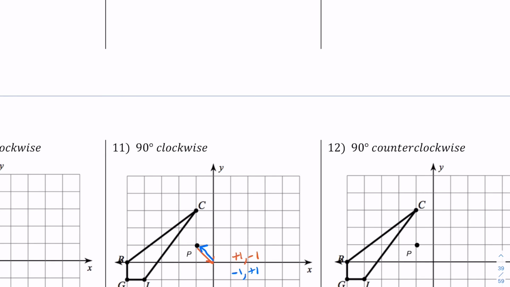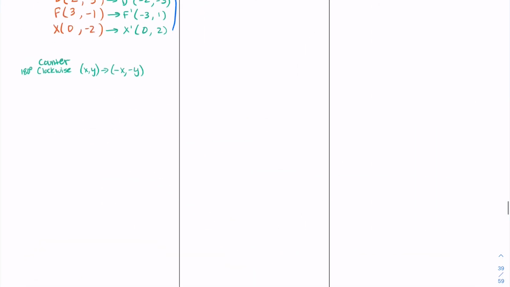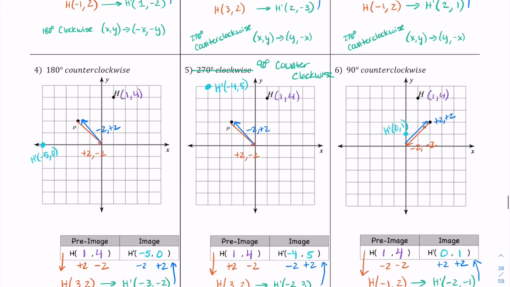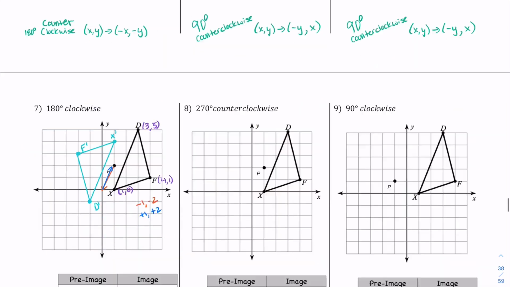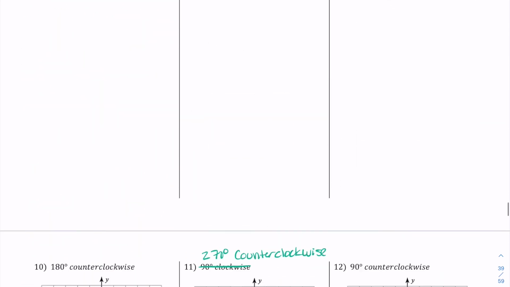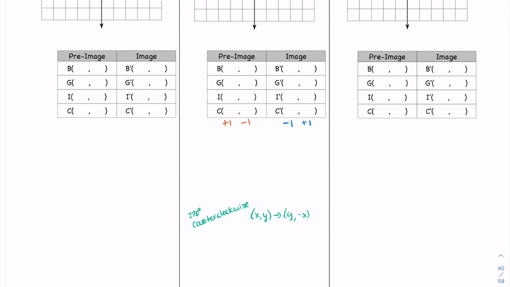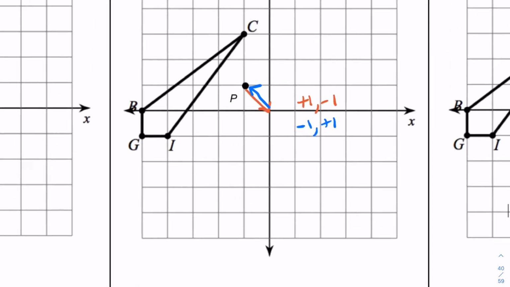Now 90 degrees clockwise is the same as 270 counterclockwise, to which I've already written the rule. I'm going to copy it, 270 counterclockwise. Okay, that's my rule.